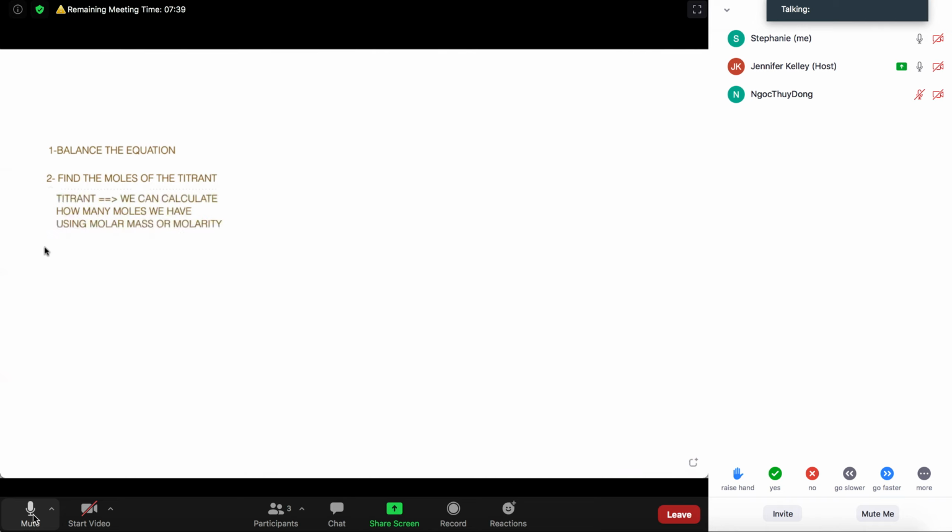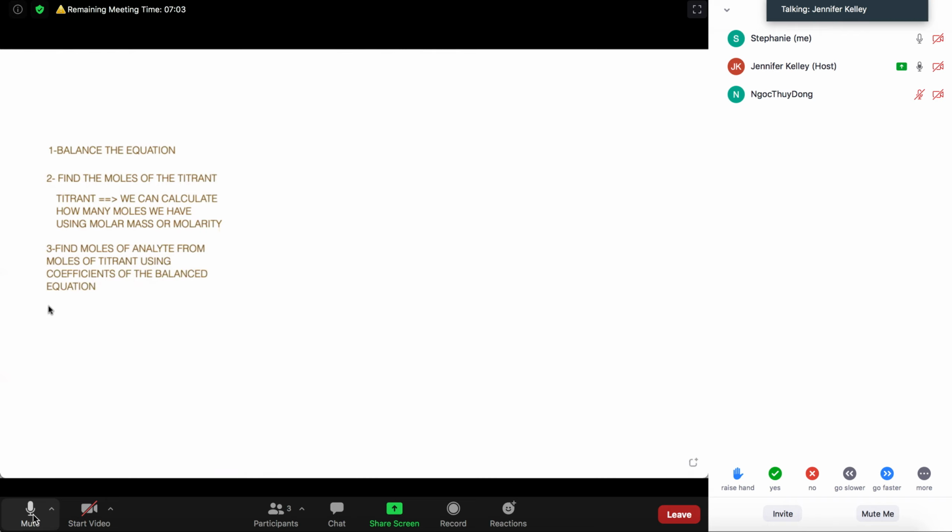And then the third step is to go from the moles of titrant to the moles of analyte. So you're going to find the moles of analyte from the moles of the titrant using the coefficients of the balanced equation.